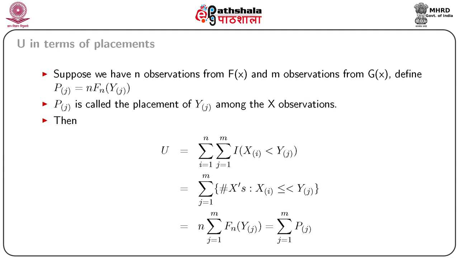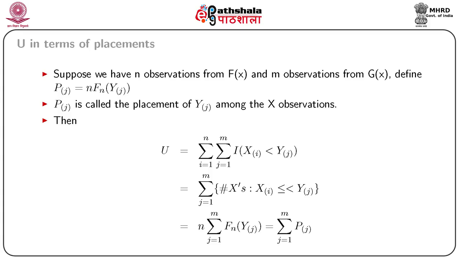Next, we shall see how u can be expressed in terms of the placements. Suppose we have n IID observations from f(x) and m IID observations from g(x). Then define pj equal to n Fn of y ordered j, where Fn is nothing but the empirical cumulative distribution function based on the x observations. That is, n Fn of y ordered j is nothing but the number of x's less than or equal to y ordered j.